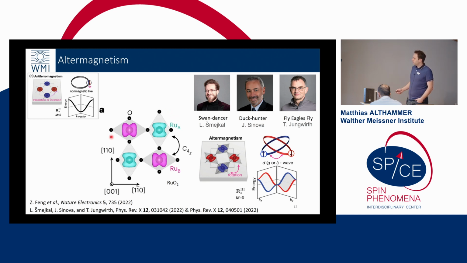And here's one example. This is ruthenium dioxide, where if you look at just a plane cut of the structure, you have these 4 oxygen atoms that surround the ruthenium in the middle.